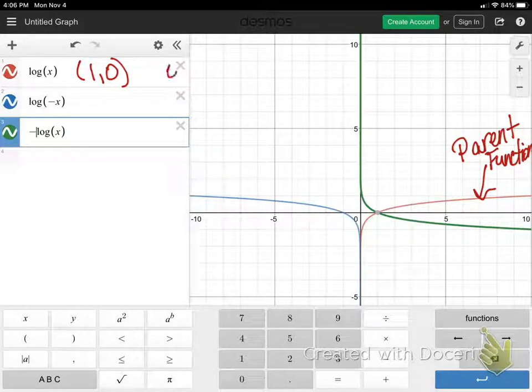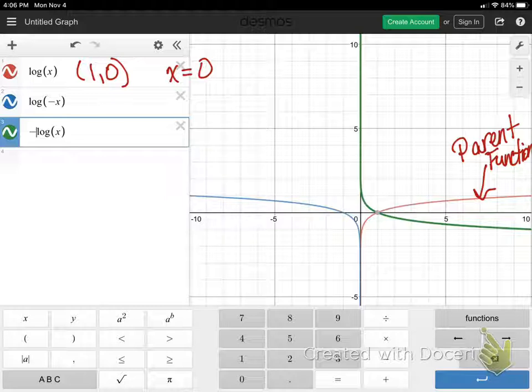My asymptote when I do the reflection is still x equals 0. My blue graph is reflecting across the y-axis. Notice where the negative is. Where's the negative?